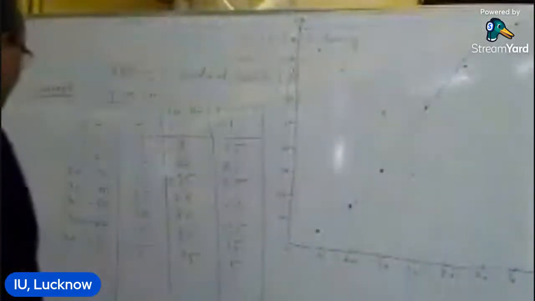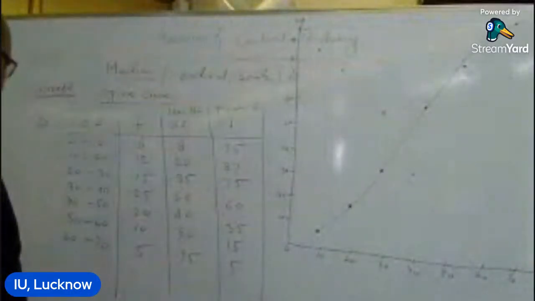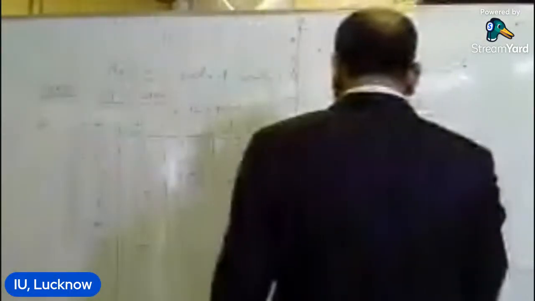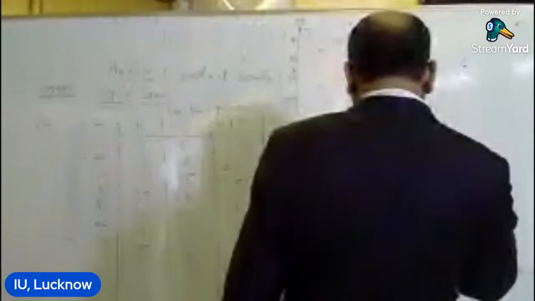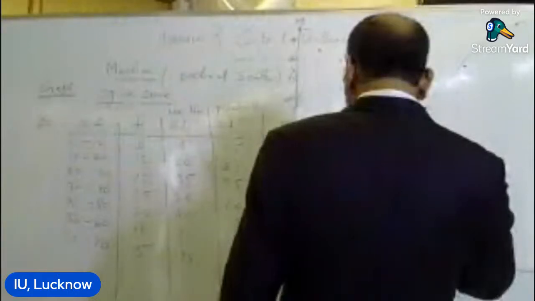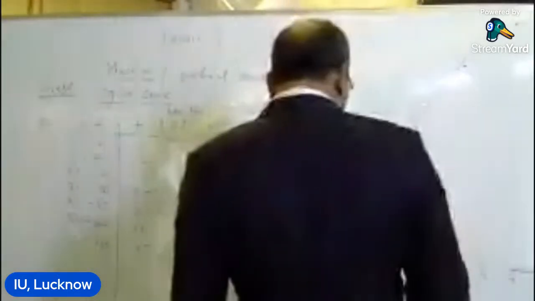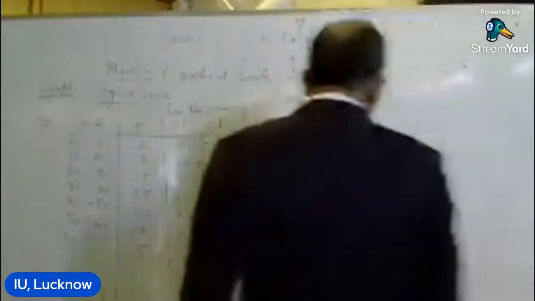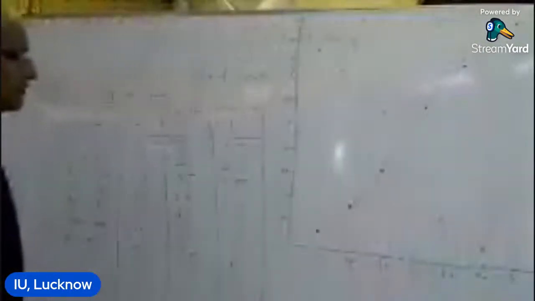And greater than 50, the value is 15, somewhere here. And greater than 60, the value is 5. So now connect these points.